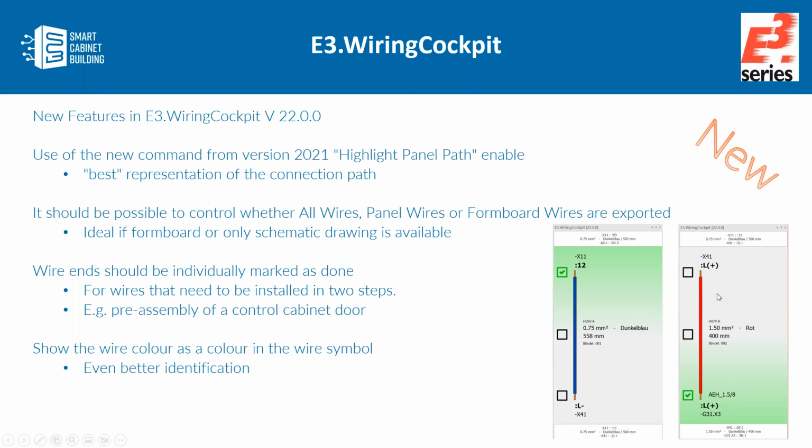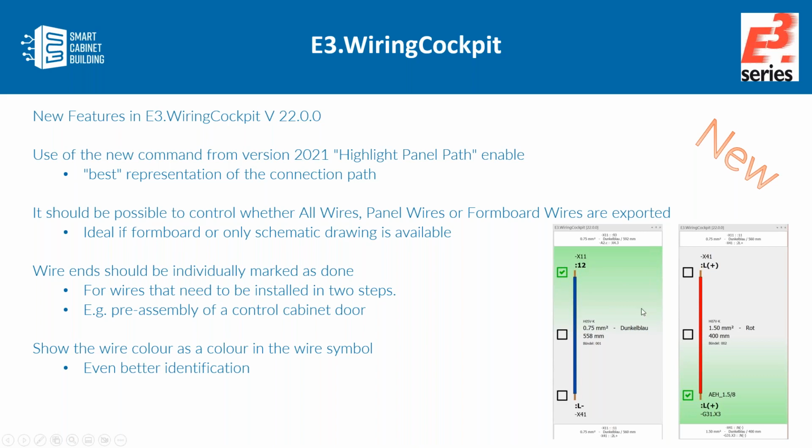And so it is possible to check in the middle here the complete wire as done, or if you need this, that you can say, okay, I can only process one of the both ends now, then it is also possible to check just one end, then it is okay for this step.